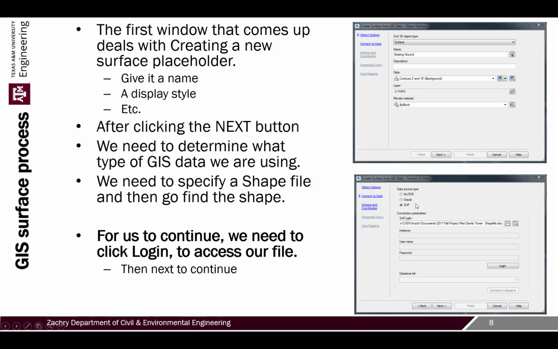This is where you pull in the data. You can link directly to a server if you know what that is, or you can use a shapefile or an Oracle file or whatever. If you click shapefile, because we're using two tiles, we're not going to select a single file.